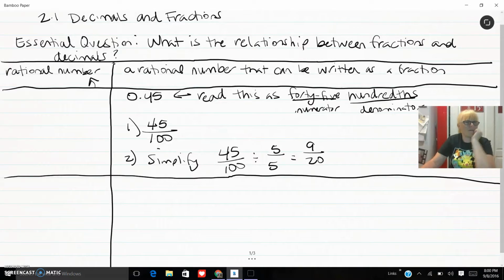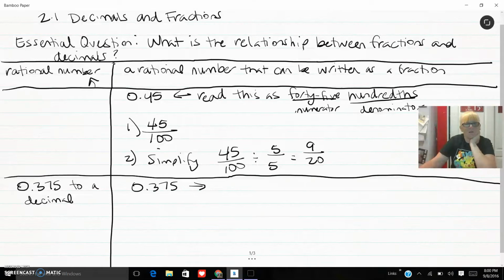Okay, let's turn 0.375 to a fraction. All right, so I have 0.375. I'm going to say that number out loud.